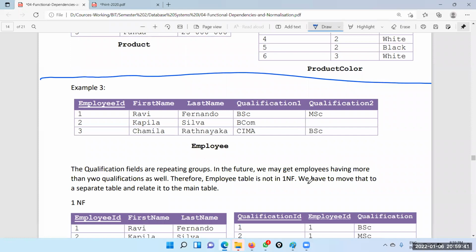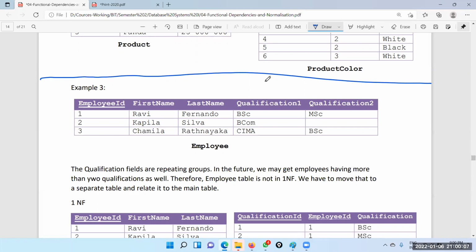Now someone might say that is fine, it's atomic now, because qualification 1 has only one value and qualification 2 has the other value. In reality, this is also not atomic. Right? Why? You have just transferred the problem into a different problem.